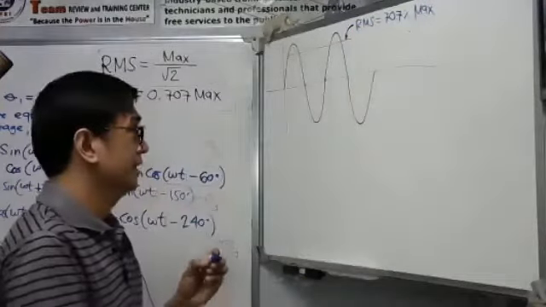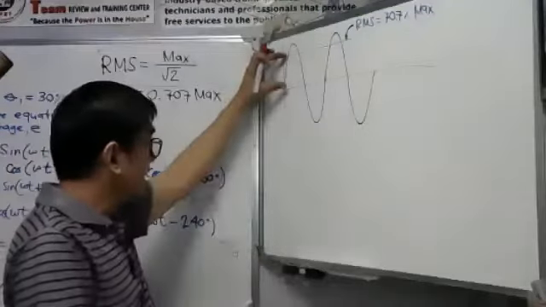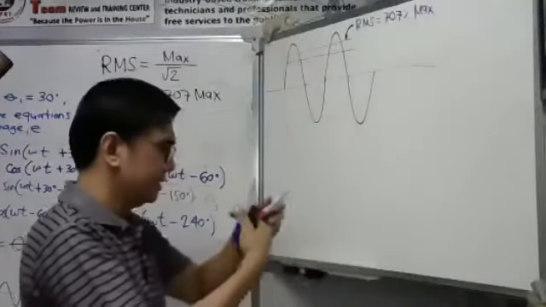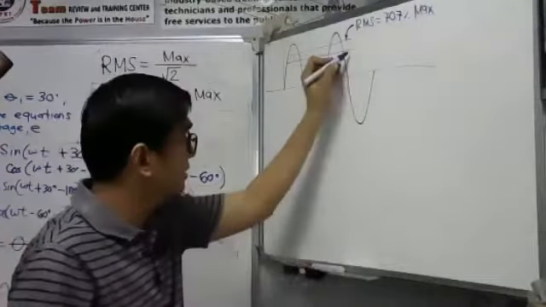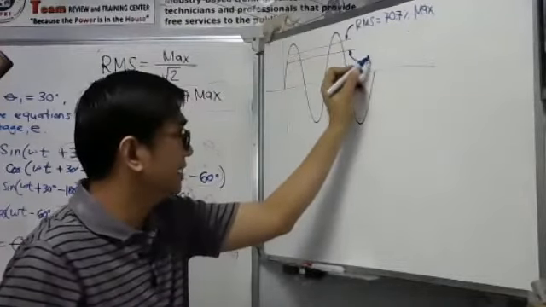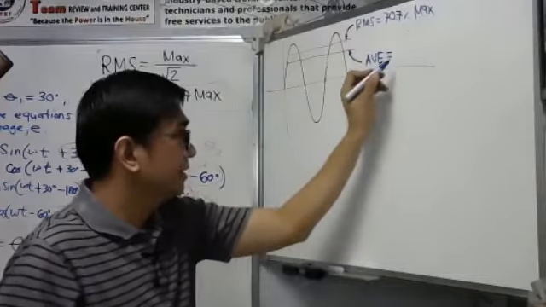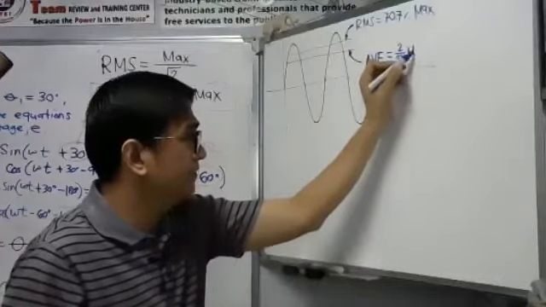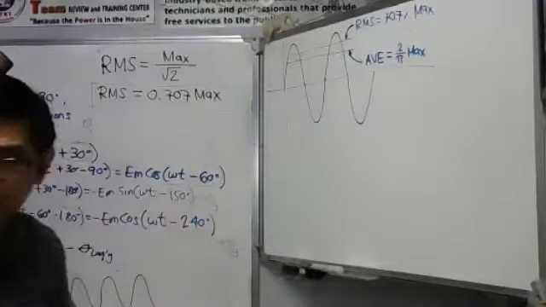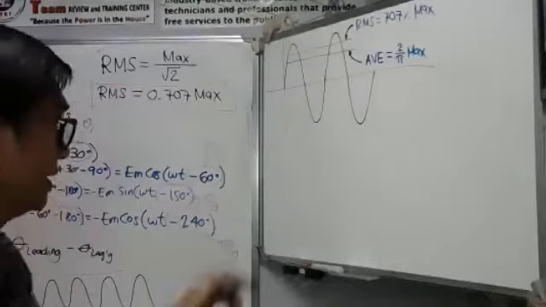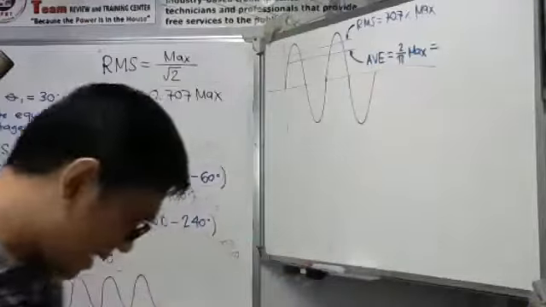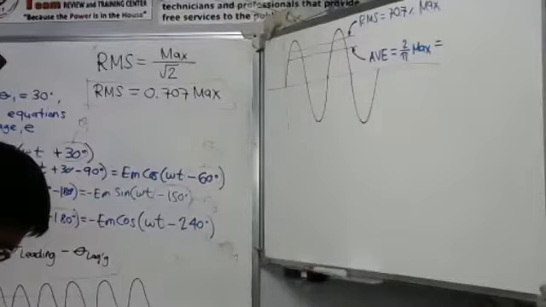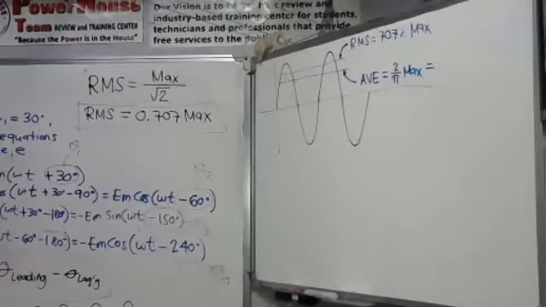This particular height, I mean. So, a lower value is what we call the average value. Well, actually, that is 2 over pi of the maximum value, whether it is voltage or current. So, if you divide 2 by pi, that will come up to be 63.7%.